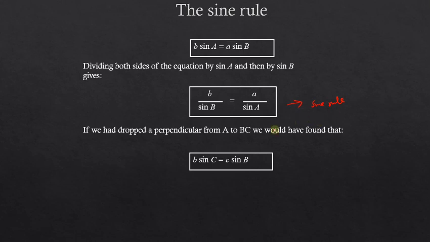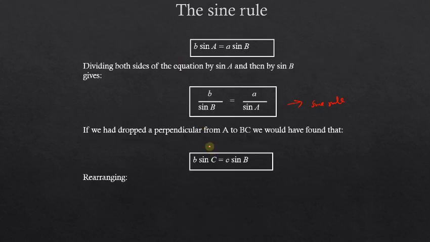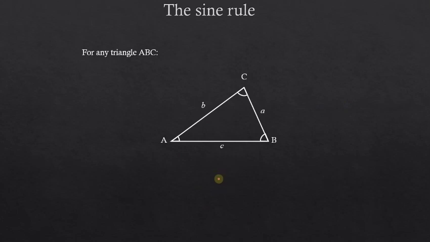And if you do the same thing, you find the perpendicular from A to BC, and you also realize that you get an expression which looks like this. So when you rearrange you get this, right?